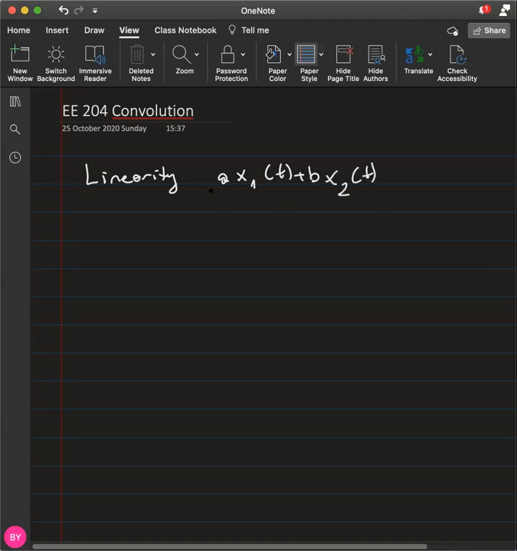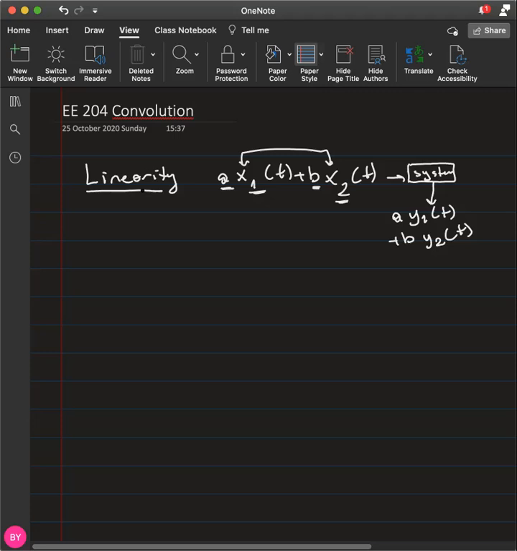If this linear combination of two signals, multiplied with certain scalars, is entered into a system, the output will be a times y1, which is the output of the first input, plus b times y2 of t, which is the output for the second one. If I add two inputs together, I will also add two outputs together. That's the linearity property.